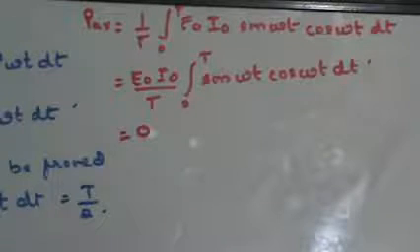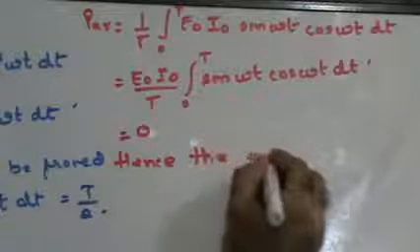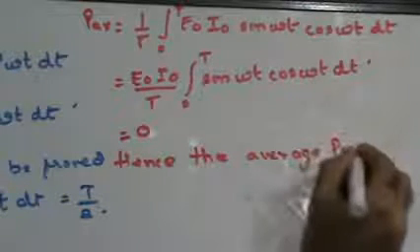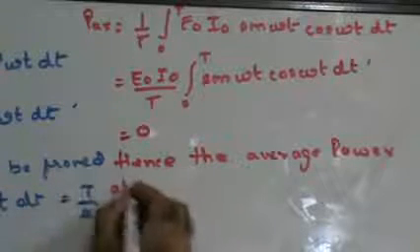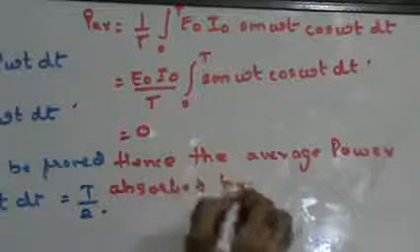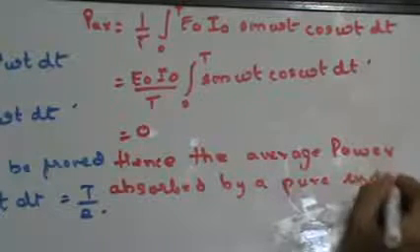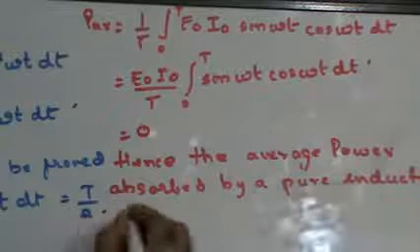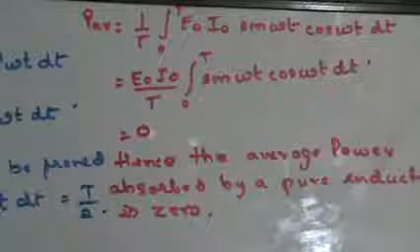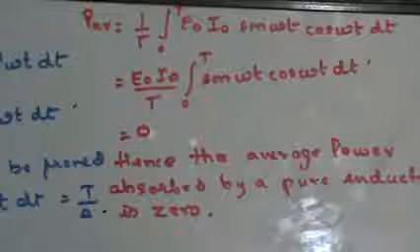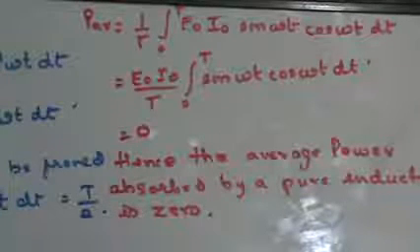Fine, do we get this thing here? So hence the average power absorbed by a pure inductor is 0, right? During one cycle the average power absorbed by the inductor is going to be equal to 0.